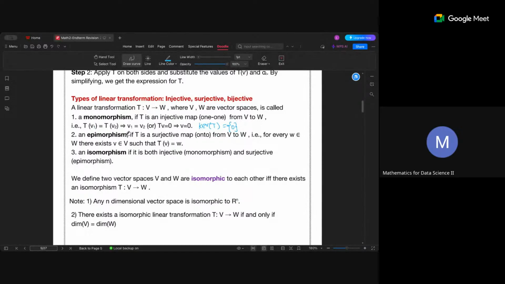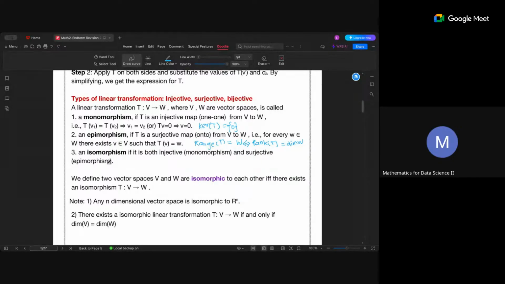So all these are equivalent conditions for a one-to-one map. Now for an onto or surjective map, what is the condition? For every element in the codomain, you have a pre-image. It means you have range of T equal to W, or you can say rank of T is equal to dimension of W. These are some equivalent conditions.